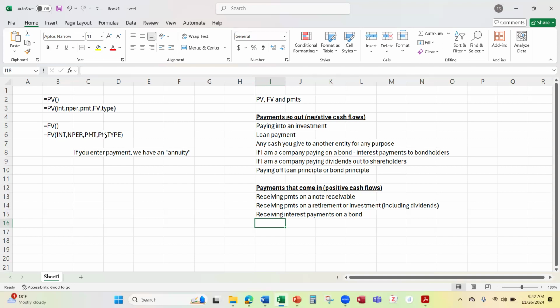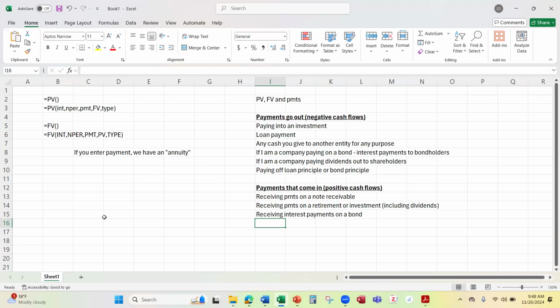In reality, if I'm investing something, like say I'm buying a bond, I'm probably paying out something at the outset for a present value to purchase an investment. And then I'm probably receiving a stream of dividends or interest over time for that investment.